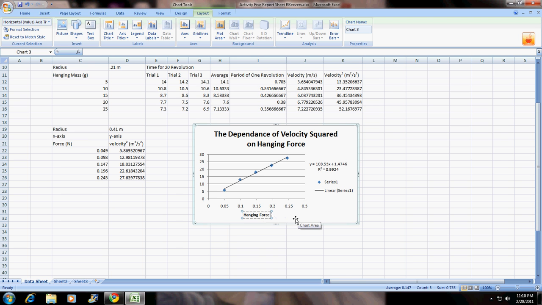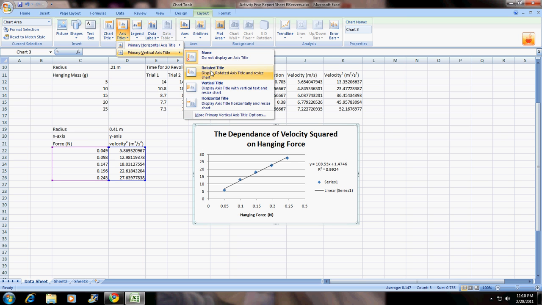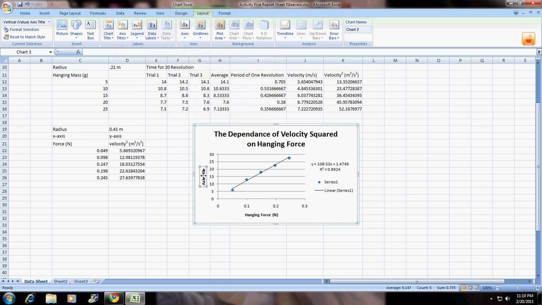And that is in newtons. Okay. I'm going to click here. Vertical. I like when it's rotated. So I'm going to click here. This is going to be velocity squared. And actually you can do velocity with the 2 because we remember how to do that. And that's going to be in meters squared over second squared.